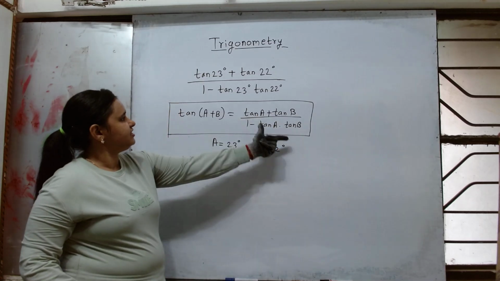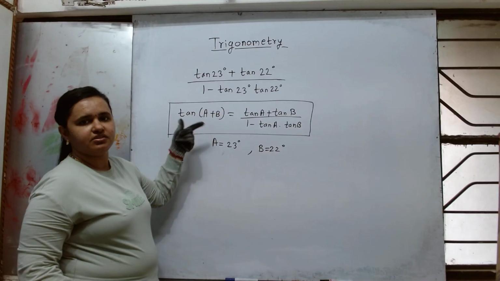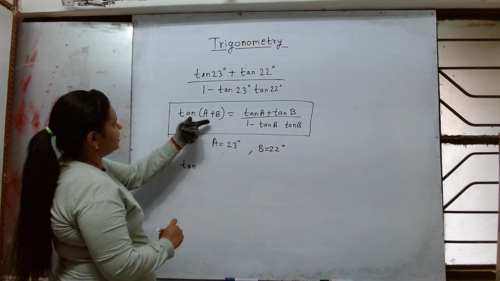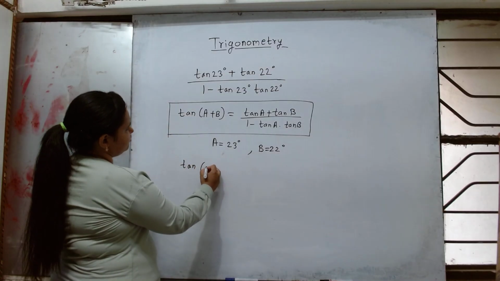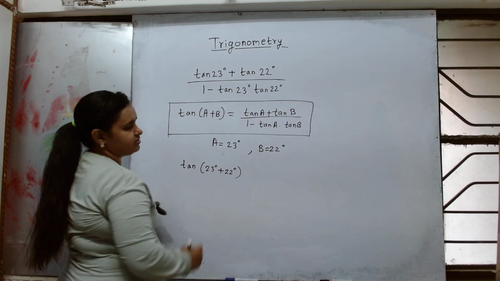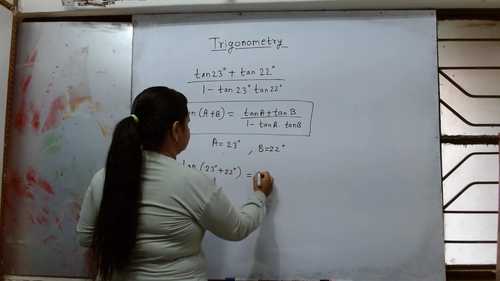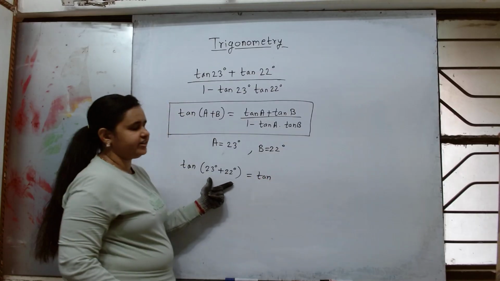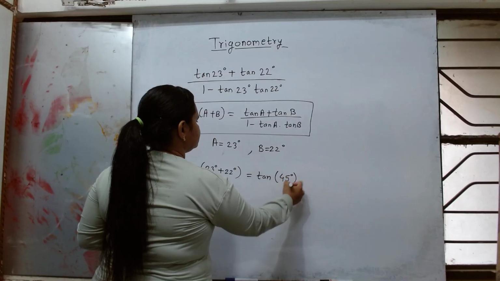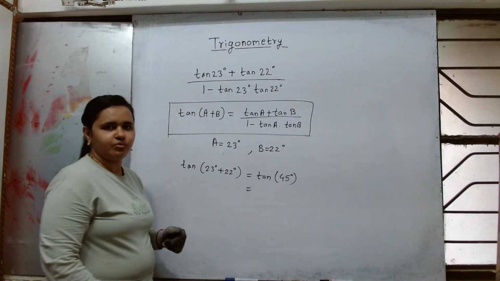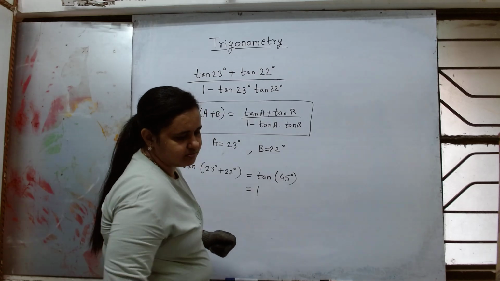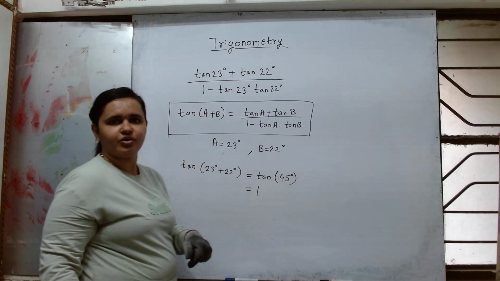So we can write this in the form of tan of A plus B. Tan of A plus B is tan of 23 degree plus 22 degree. Now what is 23 plus 22? It is 45, and tan 45 degree is 1. So our answer will be 1, that is option third.